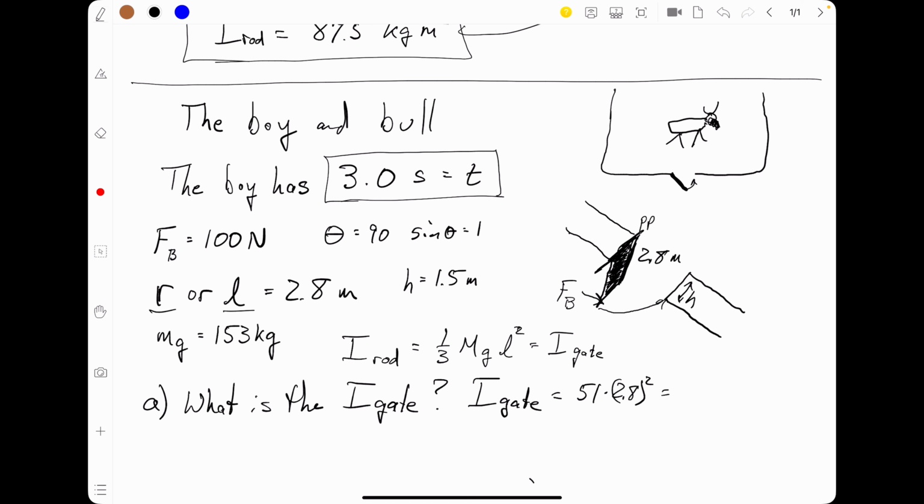That's my I of the gate. Let me do my little calculations, and I end up with 400 kilogram meters squared, and that's equal to my I of the gate.